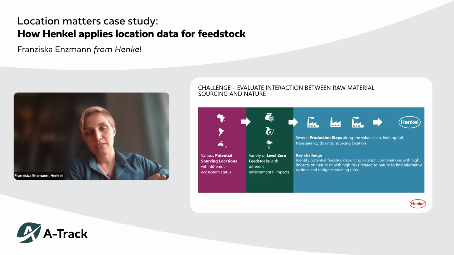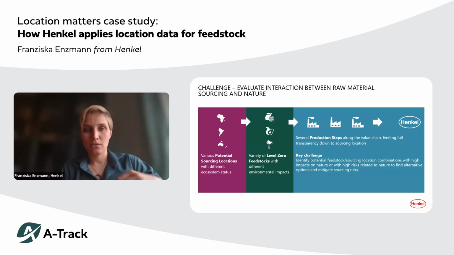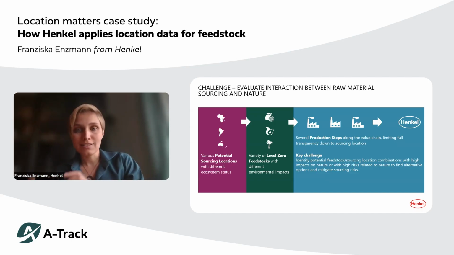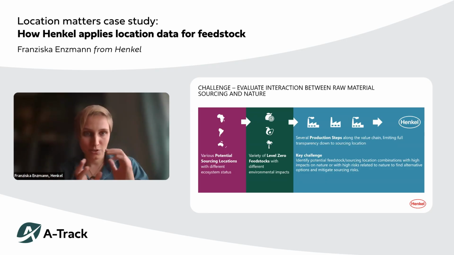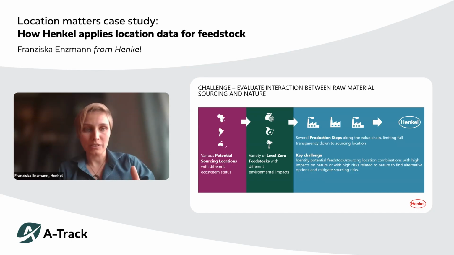When we try to trace it back to the feedstock, it already gets complicated because you can derive a C16 fatty acid from palm oil, you can derive it from rapeseed oil, you can derive it from beef tallow, or you name it. So with a variety of feedstocks, it is already difficult to get transparency to the level 0 feedstock, and then close to impossible to identify also the sourcing location for that level 0 feedstock.